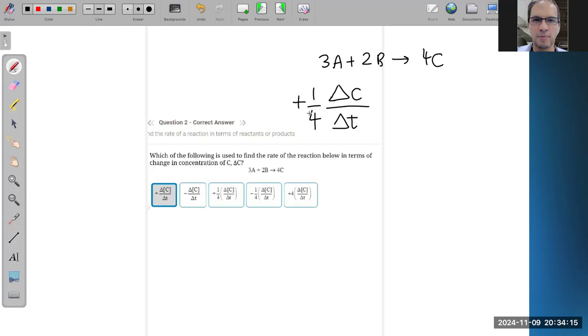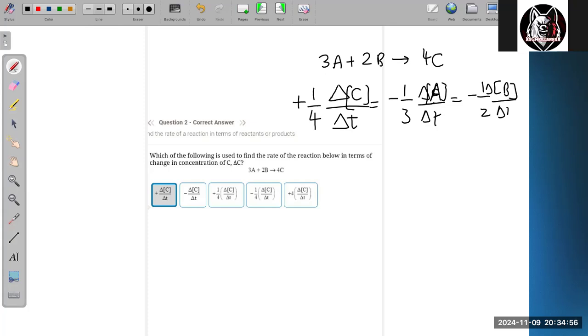When he is asking about everything, mention it equal to plus 1/4, and when he's asking for one only, I will say equal to negative 1/3 delta C over delta T concentration, and equal to -1/2 change in B over change in T. Right? Okay.